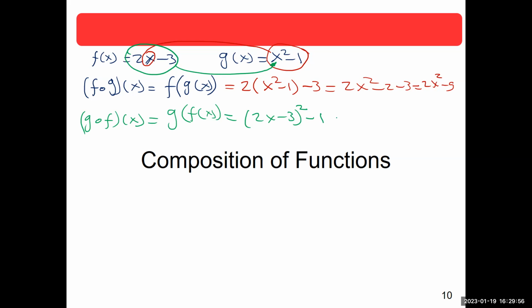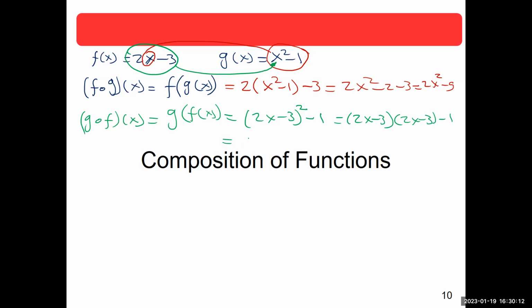Now you know how to do this. There are multiple ways you can do it. The easiest way: you say 2x minus 3 multiplied by 2x minus 3, minus 1. Or if you know the formula, you can plug in immediately.